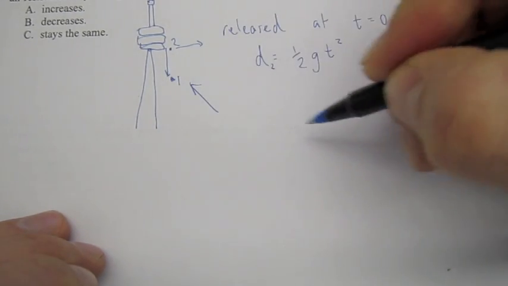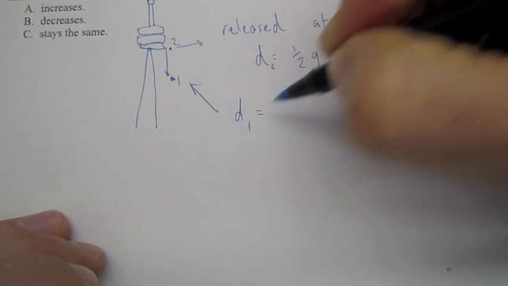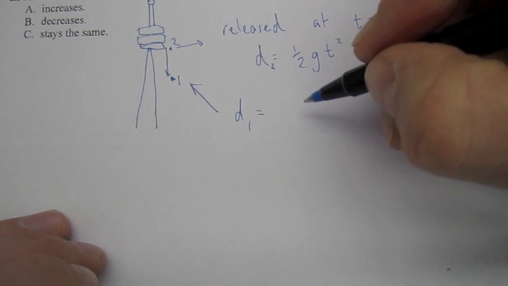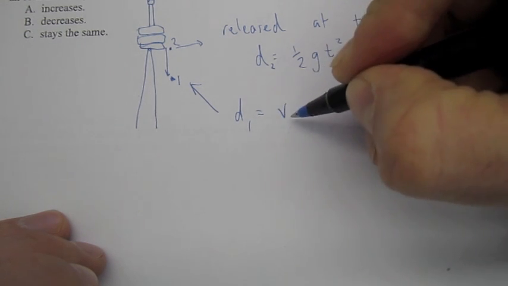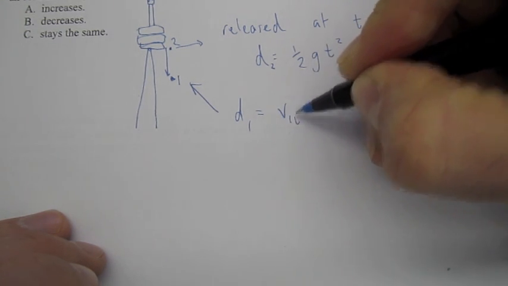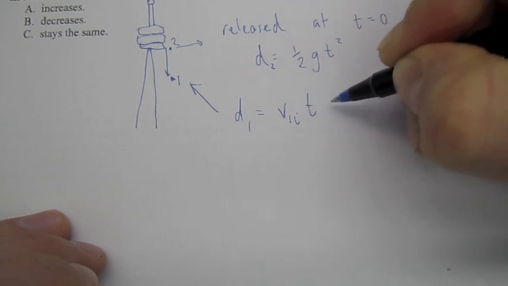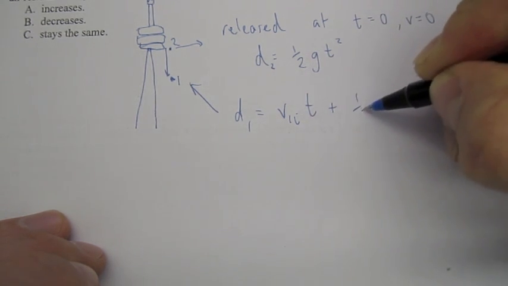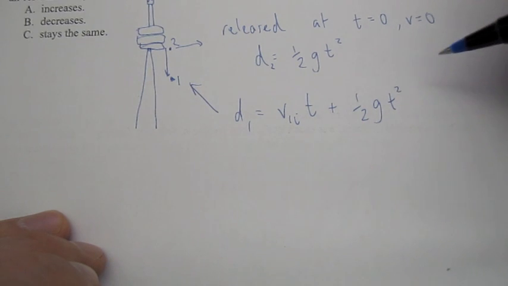For ball 1, d1 is equal to the distance it travels, which will be v1 initial times t plus 1/2 g t squared.